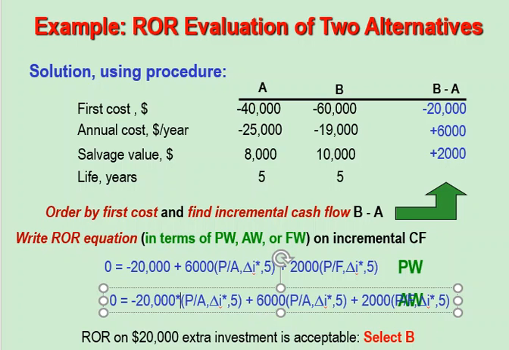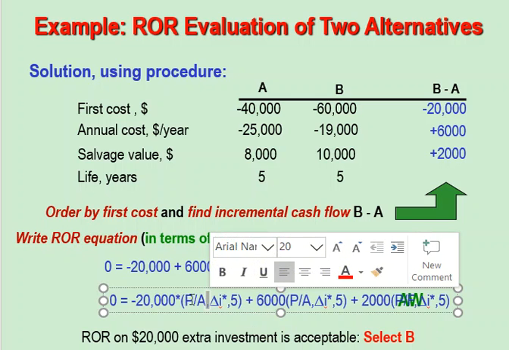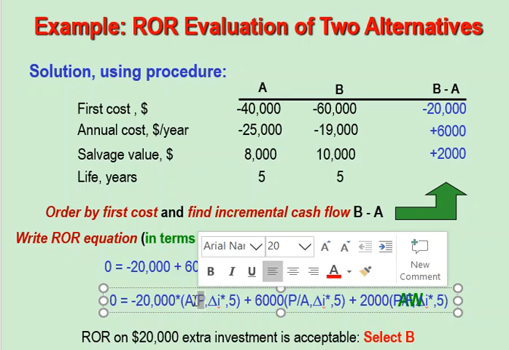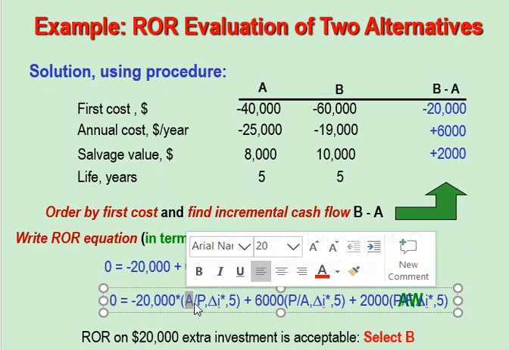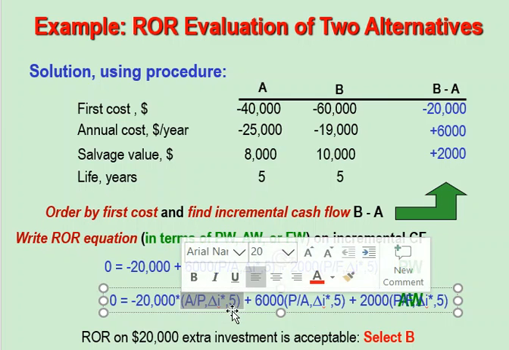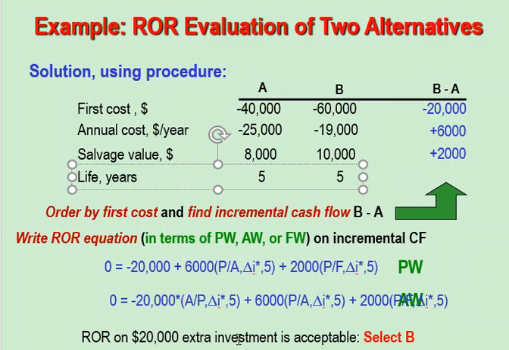We have to find the equivalent of that money in the A domain, so we convert it from P to A. That's why we multiply it by this factor, and it's 5 years because it's given as 5 years.